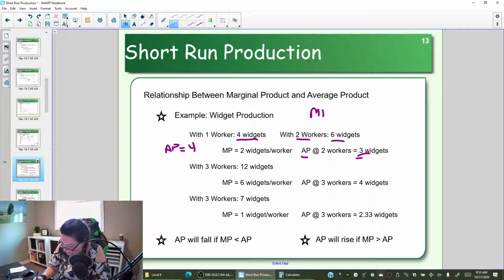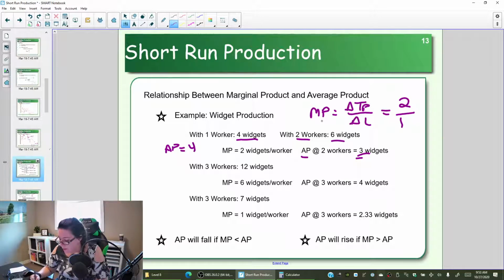So remember, marginal product is the change in total product over the change in labor. The change in labor here is 1. Total product changes by 2. So notice that when we go from 1 worker to 2 workers, the extra made by that worker is 2 widgets. That 2 widgets is less than the current average.